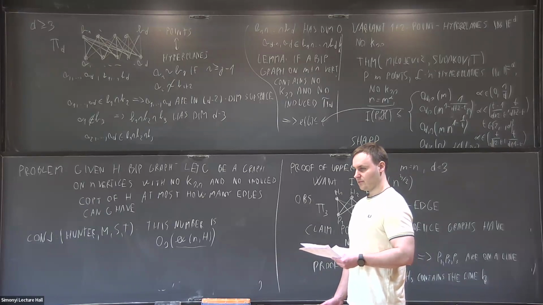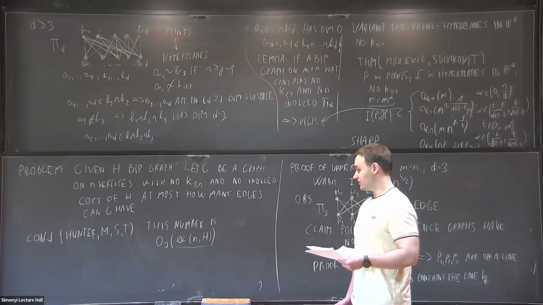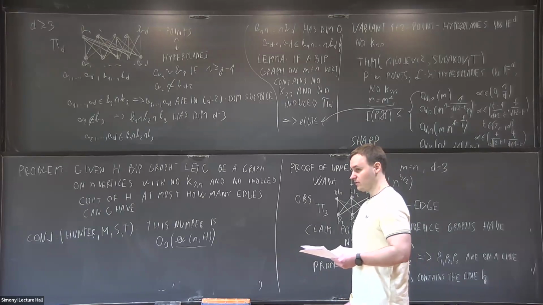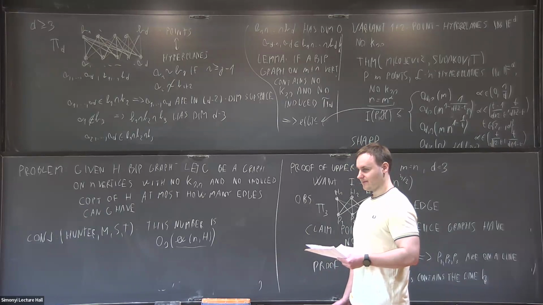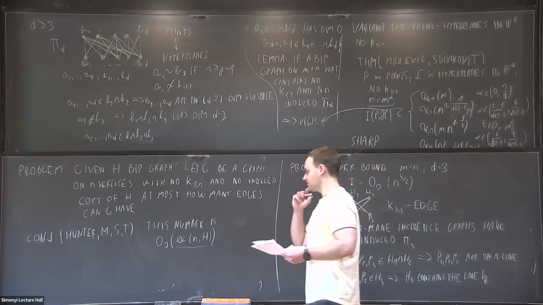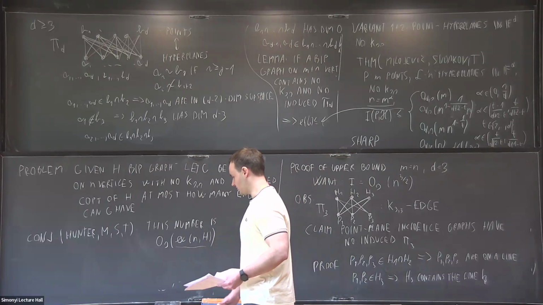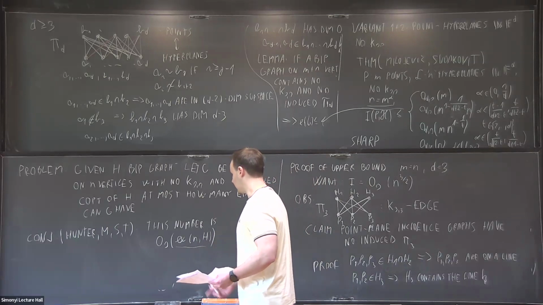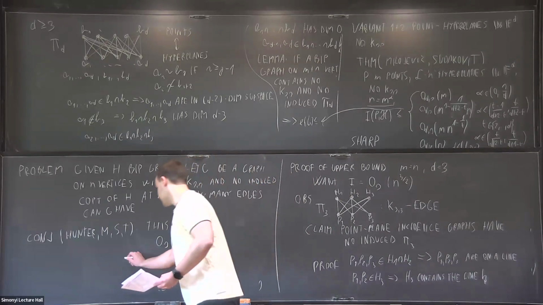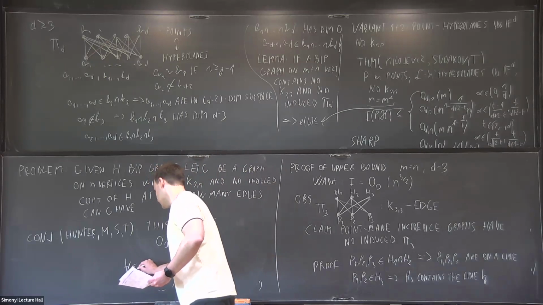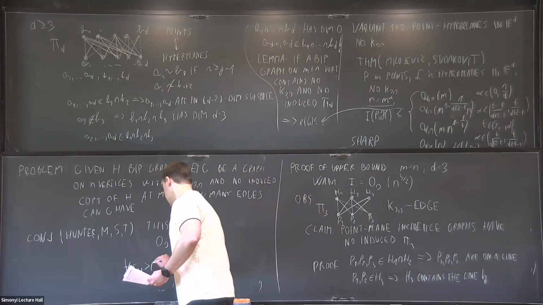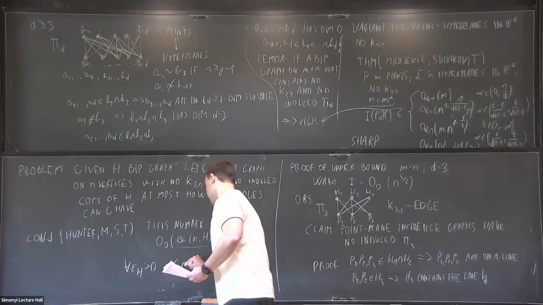I was just wondering, potentially you can use this conjecture, if you believe it, to disprove Sidorenko. Does this prove Sidorenko, if you work for some particular H? Yes, so maybe let me mention what you also said before: we know that there is an epsilon depending on H, such that this number is bounded by n^{2-ε(H)}.